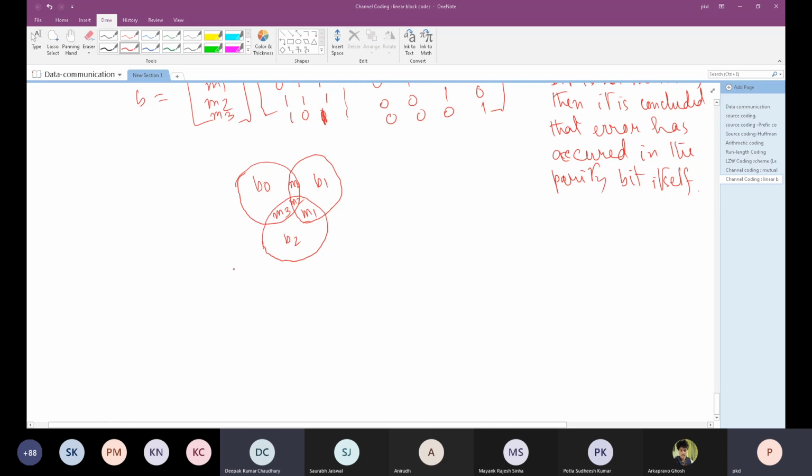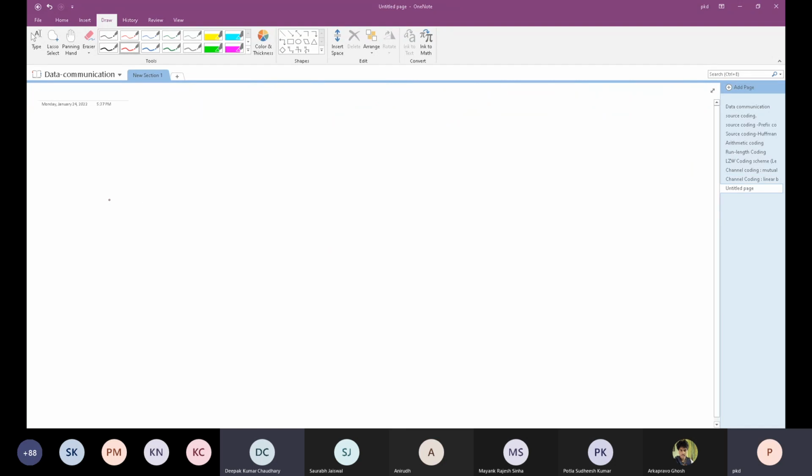Our next discussion would be another code, because code design is not a trivial task in Hamming codes. So there are many linear code designs that have come into practice.